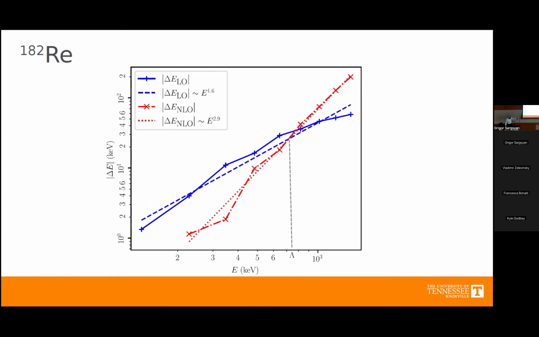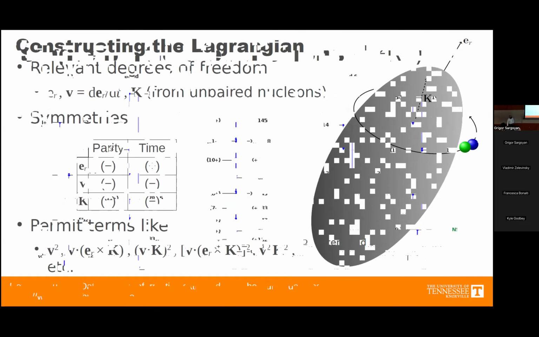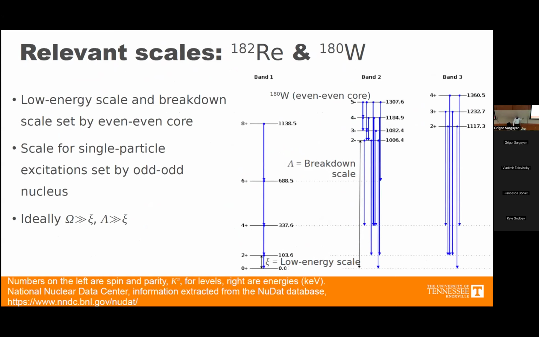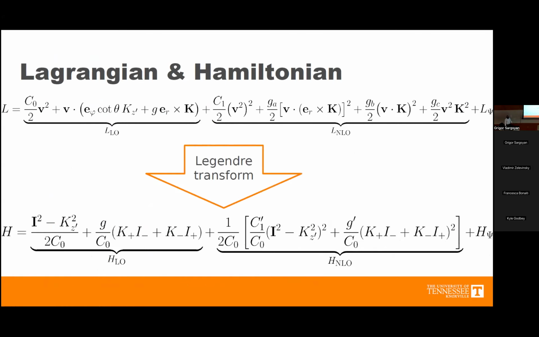And if we compare that, this breakdown scale of about 700 keV, to our estimate from the even core, again, we see that it is of the same order of magnitude. So for back of the envelope calculations, that is not nothing.